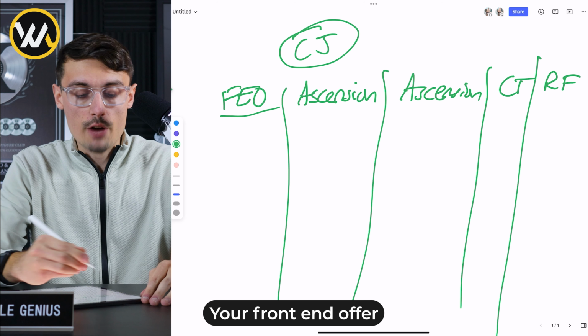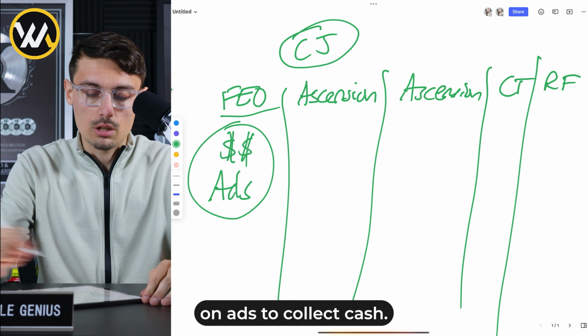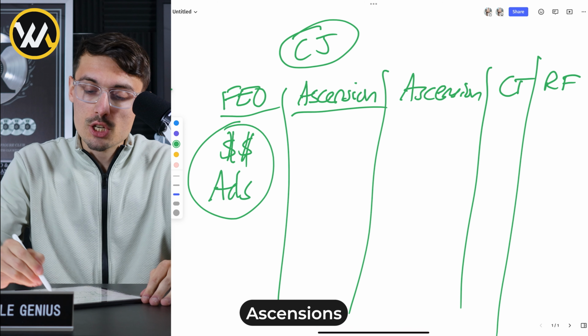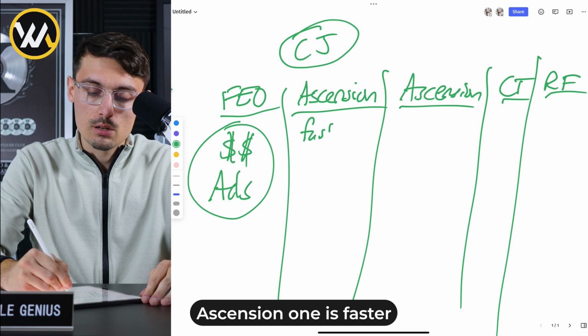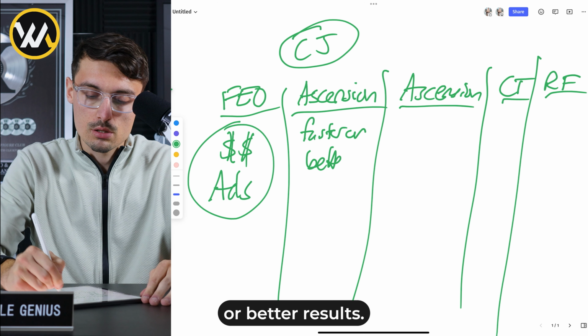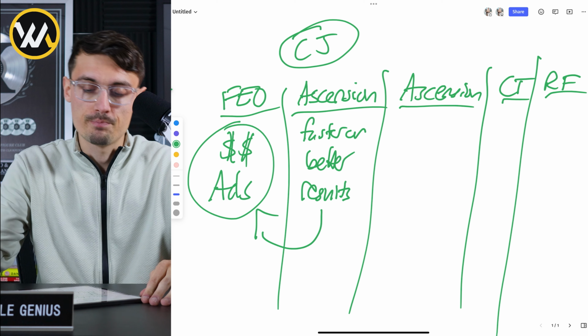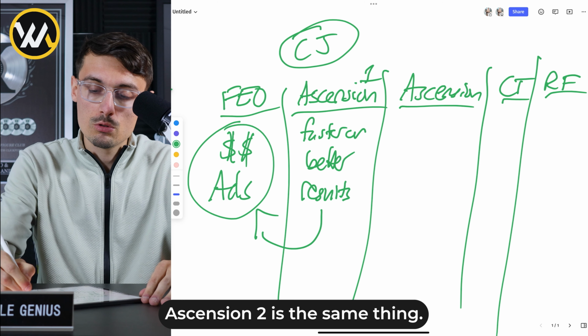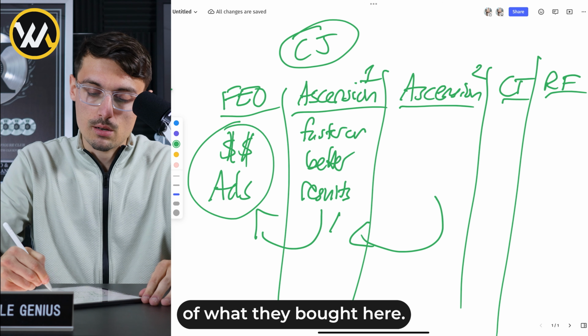Your front end offer is what you push on the front end on ads to collect cash. Ascension 1 is faster or better results of what they just purchased. Ascension 2 is the same thing. Faster, better results of what they bought in Ascension 1.